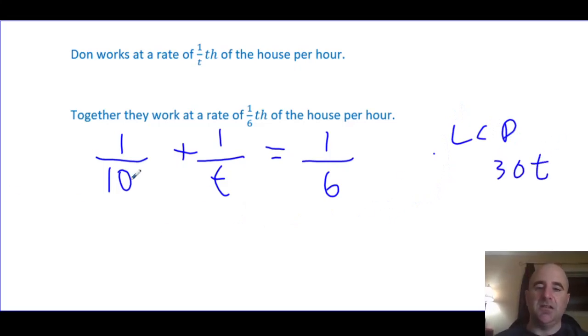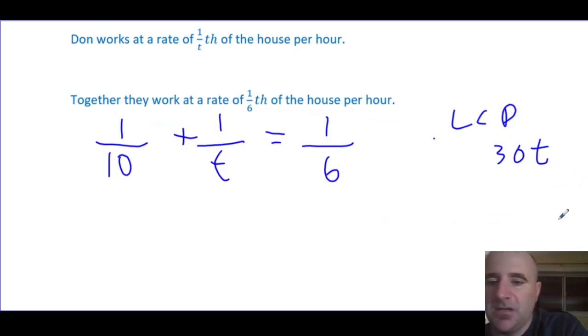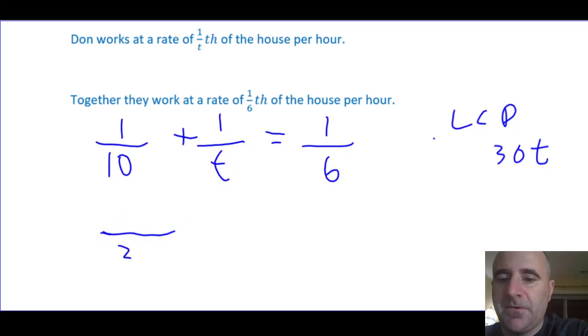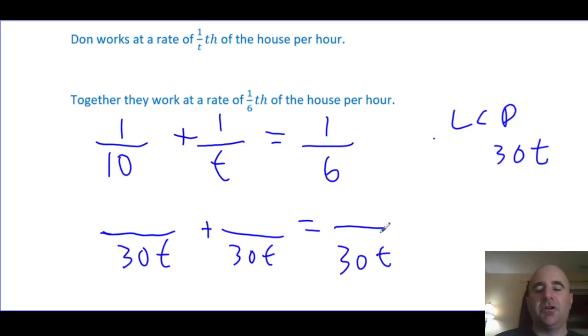Okay, you would get 60t if you multiply them all together, but 30t is a little lower, so a little easier to deal with. Okay, so now I need to think about how do I make each of these into fractions with denominators of 30t. The numerators are all equal to 1. So what I do for each of these, I just look at them one by one. I say, what do I have to multiply 10 by to make it a 30t?